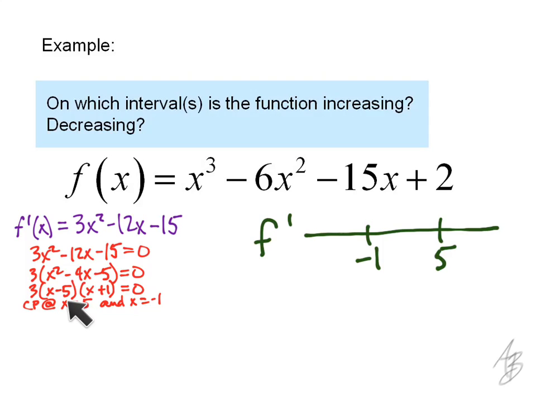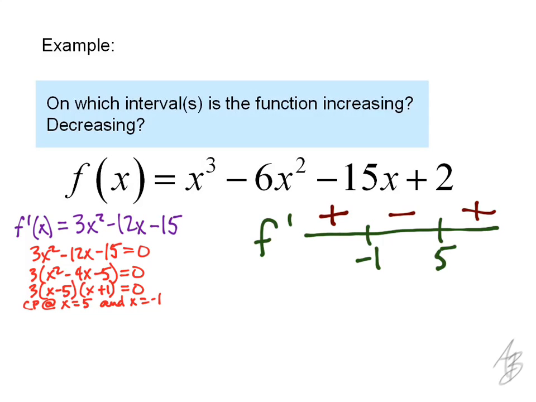If I put in a really big negative number here, I like this version the best here. So we get a negative and a negative, so our derivative is going to be positive. How about a number between negative 1 and 5? How about 0? Then we're going to get a negative, right? And how about to the right of 5? It's going to be positive.